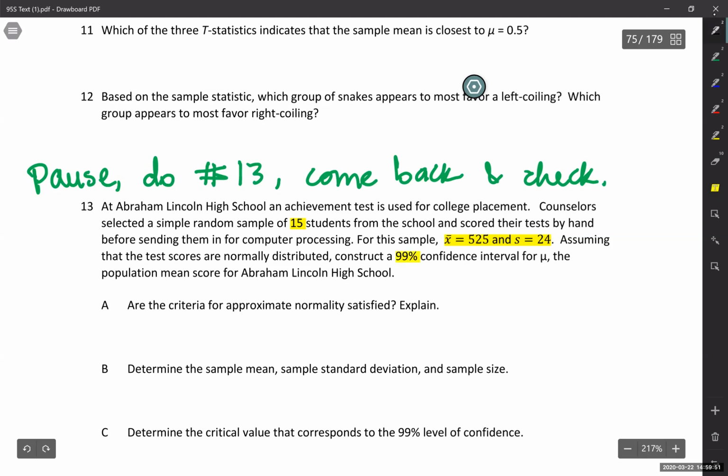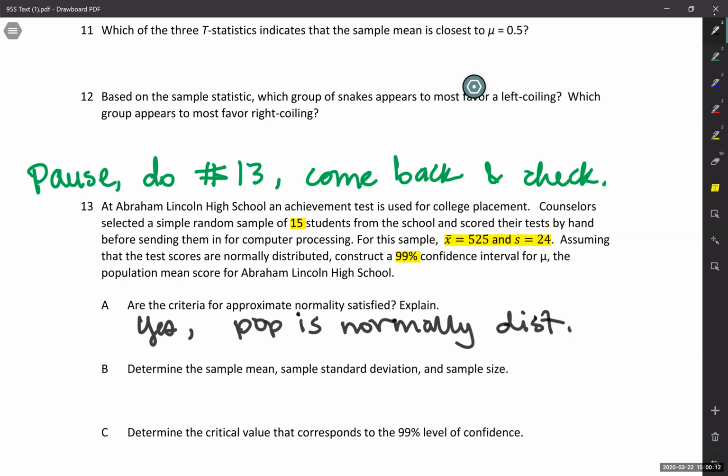So are the criteria for approximately normality satisfied? Yes, just like last time, population is normally distributed. So we don't need to worry about the sample size because the population is normally distributed.